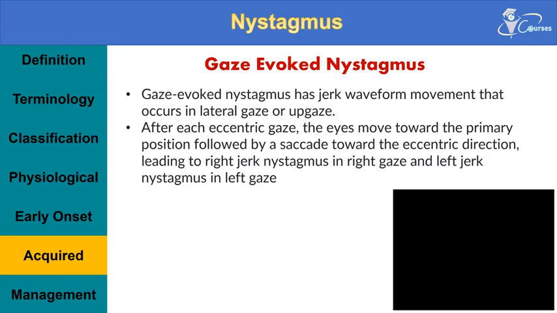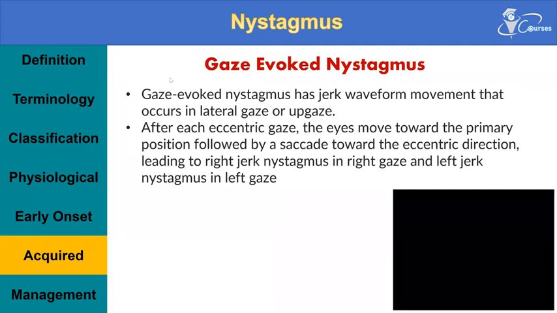Other kinds of nystagmus are the acquired nystagmus, starting with the gaze-evoked nystagmus. Gaze-evoked nystagmus is a jerky nystagmus that occurs on extreme gazes, like if someone looks to the extreme lateral gaze or extreme up gaze.